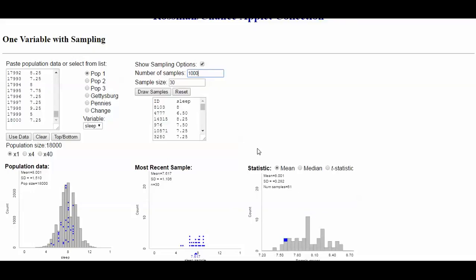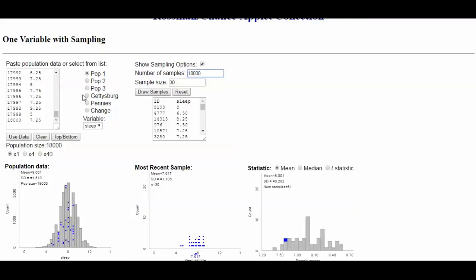So what this is going to do is it's going to select 10,000 samples of 30 people one at a time. So it's going to take 30, it's going to take 30 again, and it's going to take 30 again, over and over. And each time it does that, it's going to calculate the mean of the sample.